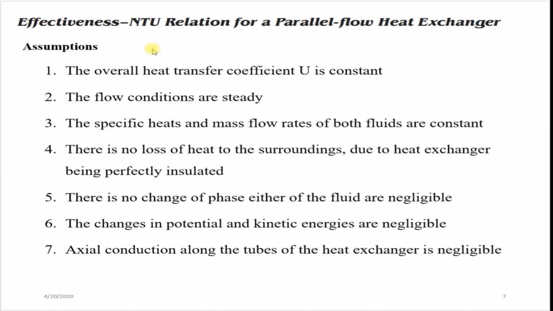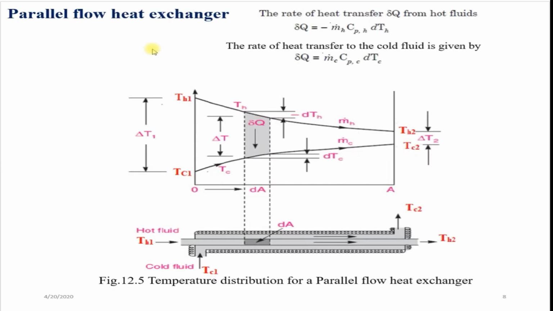With these assumptions, we will start the derivation. For that, you need to refer to this diagram. The same diagram we used for the LMTD equation derivation. Delta T1 will be the difference Th1 minus Tc1. Delta T2 will be the difference Th2 minus Tc2.